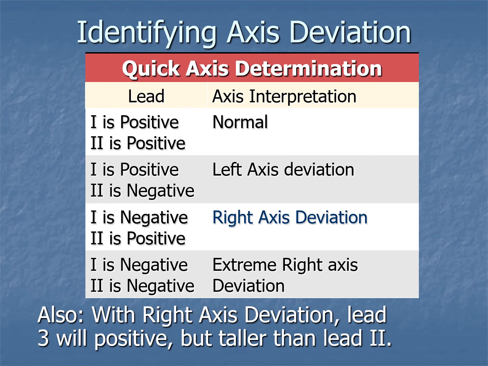In a right axis deviation, lead 1 would be negative and lead 2 would be positive. So it would be the opposite of what you'd see in left axis deviation. In extreme right axis deviation, you will see both leads 1 and 2 be negative. One other thing to note, with right axis deviation, lead 3 will be positive, but taller than lead 2.